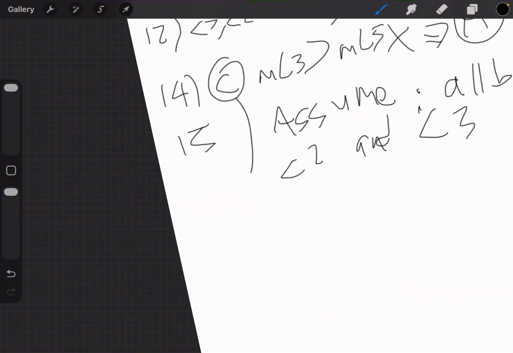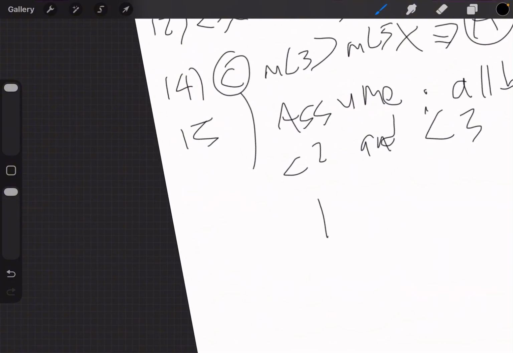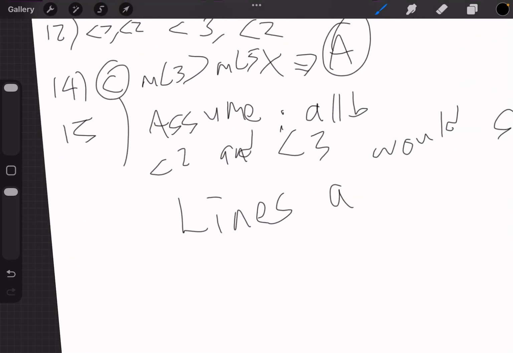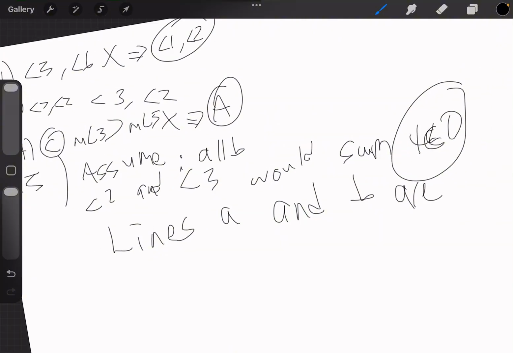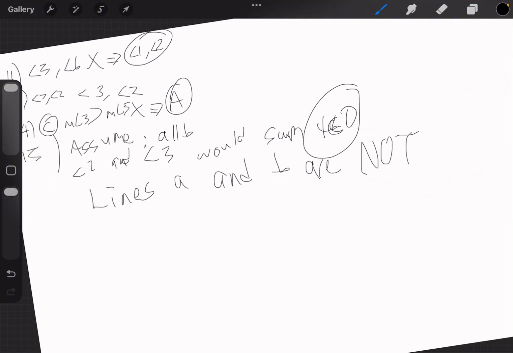So in conclusion, lines A and B are not parallel.